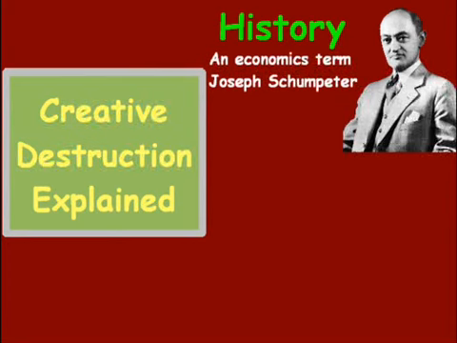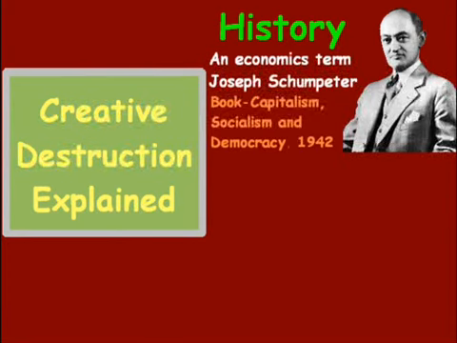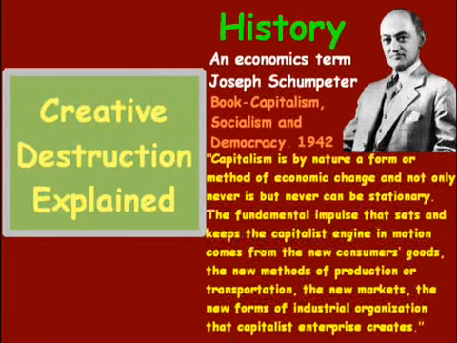Now this man right here wrote a book in 1942. It was called Capitalism, Socialism and Democracy. I'm going to take a quote from that book, which I've got listed in yellow below.